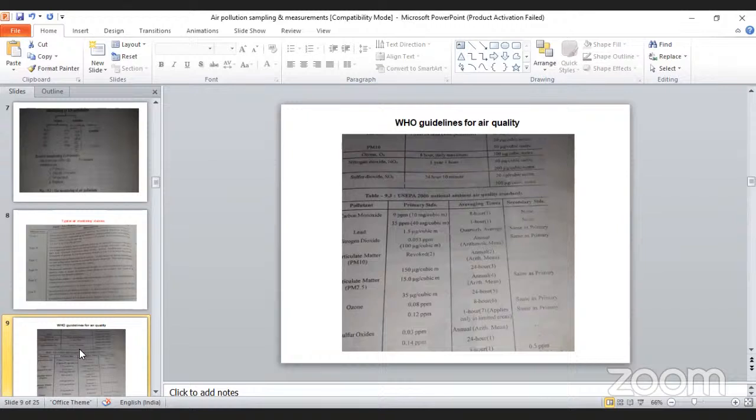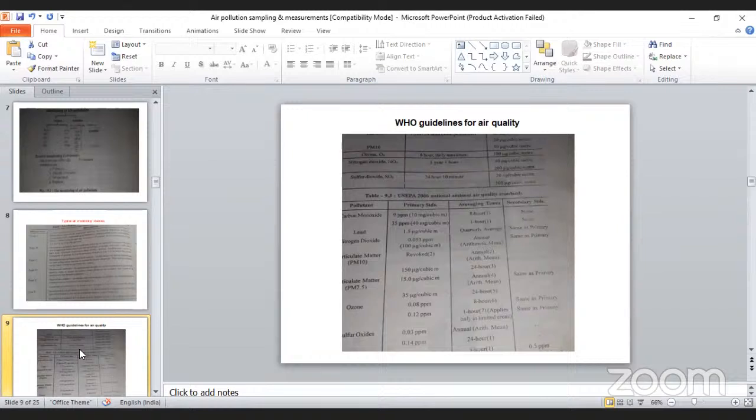The collection medium should not alter the sample condition, I told. And this device is forced to create vacuum, a lower pressure at one end, so the sample is moved from the inlet to the collection medium easily.